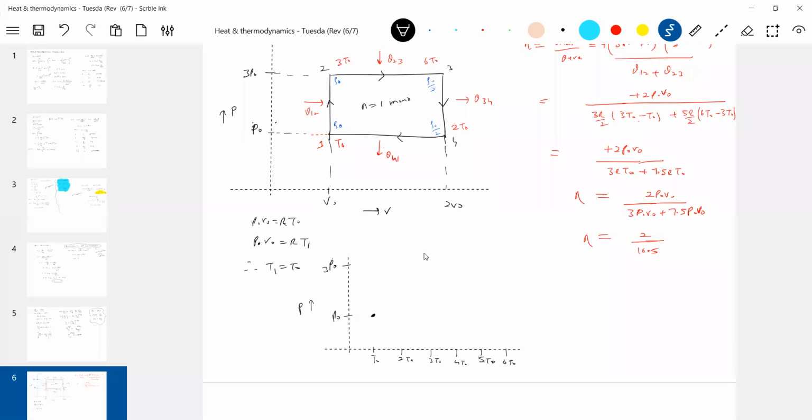What about point 2? Point 2 will have 3 P naught, 3 T naught. Point 3, 3 P naught, 6 T naught. Point 4, P naught, 2 T naught.